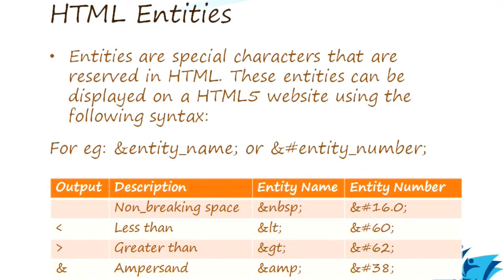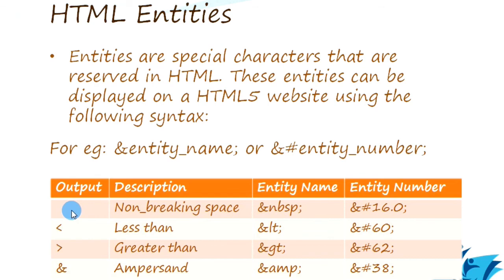HTML entity. Entities are special characters that are reserved in HTML. These entities can be displayed on an HTML5 website using the following syntax. We can use these entities by entering the code ampersand and the entity name, or ampersand hash and the entity number, and a semicolon.